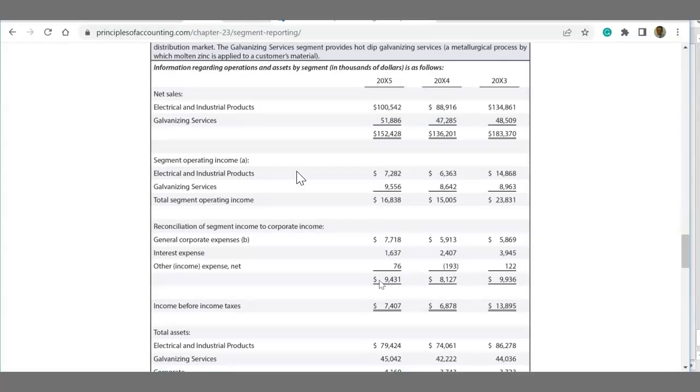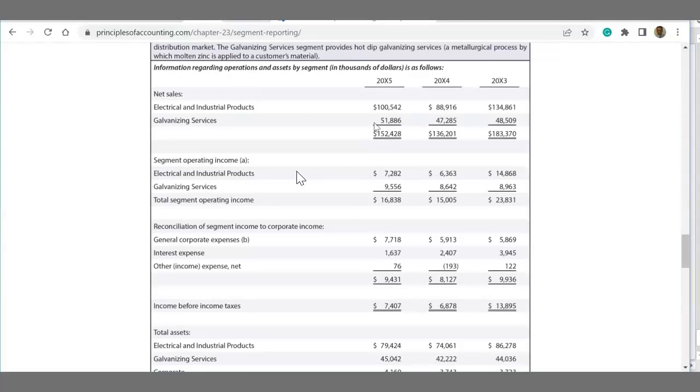Total expenses come from general matters like corporate general expenses, interest expense that belongs to the whole business, and other expenses that again belong to the whole business. So in this case, it is $9,431, but operating income for the segments is 16,838. That's why it gives you an income before tax of 7,404.